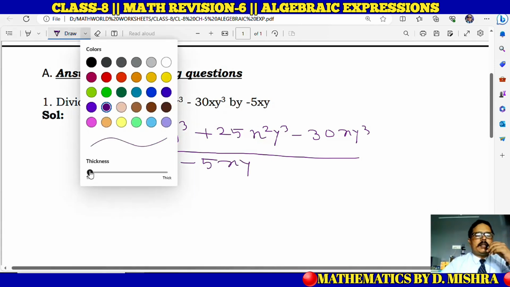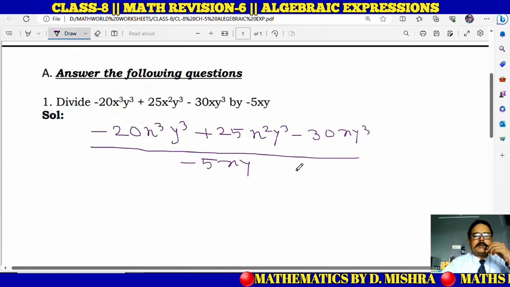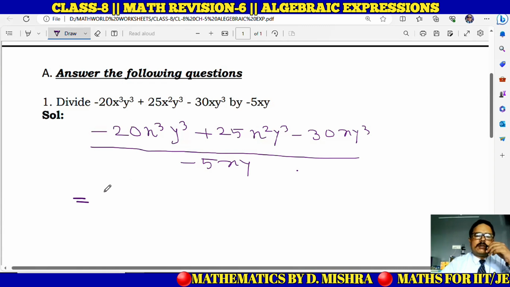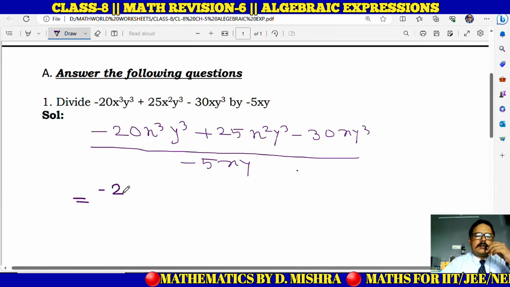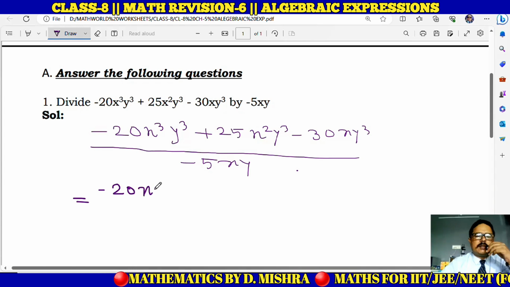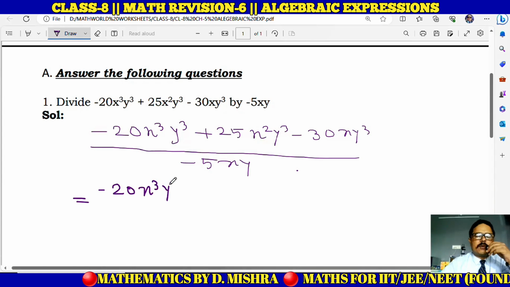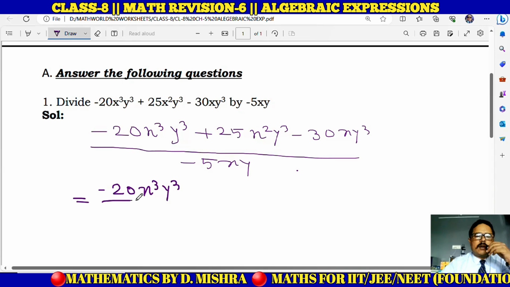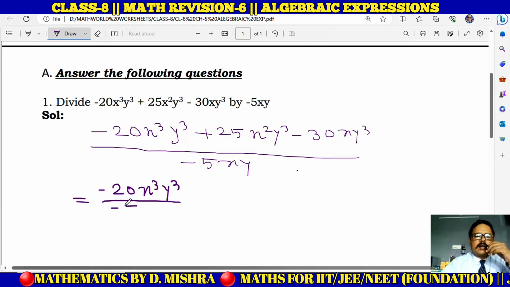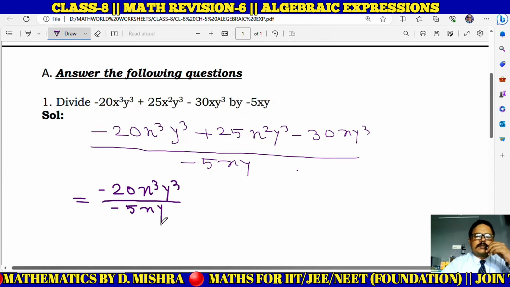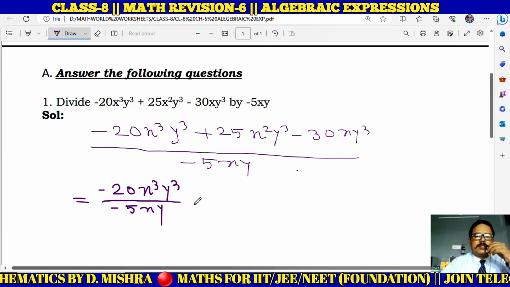As we can see in the numerator there are 3 terms, so we will now separate all of them. So we will write now minus 20x cube y cube upon minus 5xy. If you want you can do this by other method also.